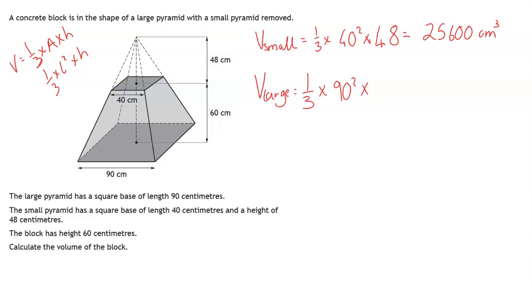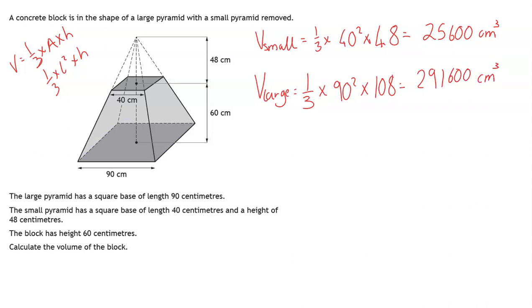So the overall pyramid is that chunk at the bottom plus the pyramid at the top. So it's then times 108, not just times 60. If I were to do that, what I'd end up getting is 291,600 cubic centimetres for the entire pyramid's volume.